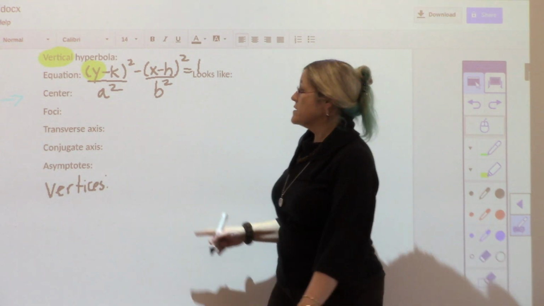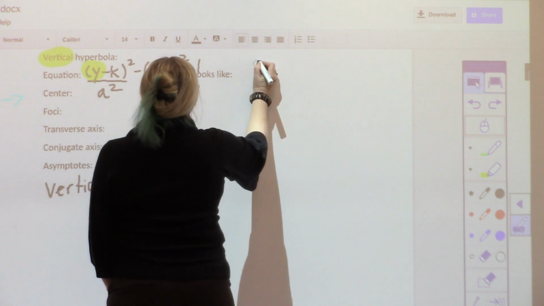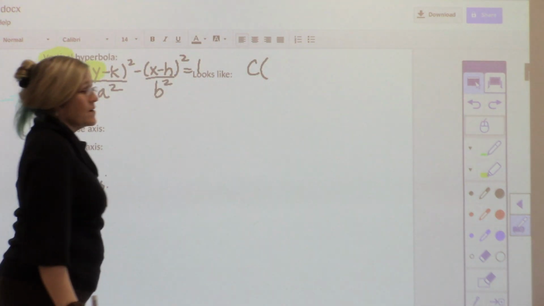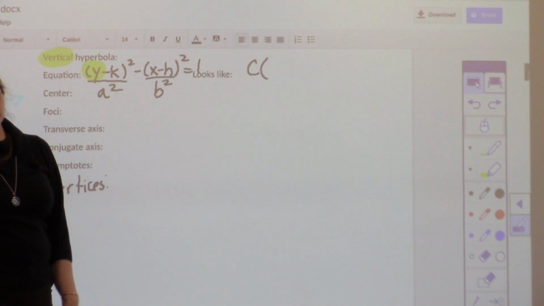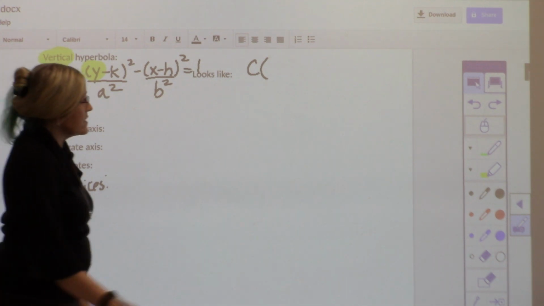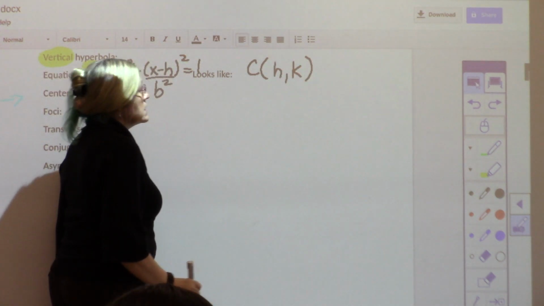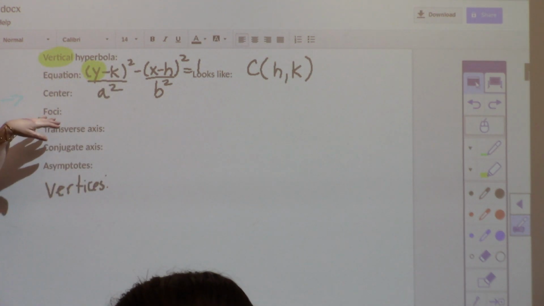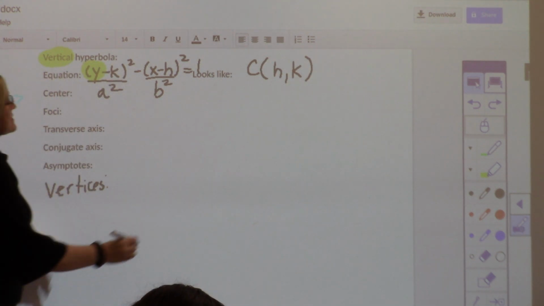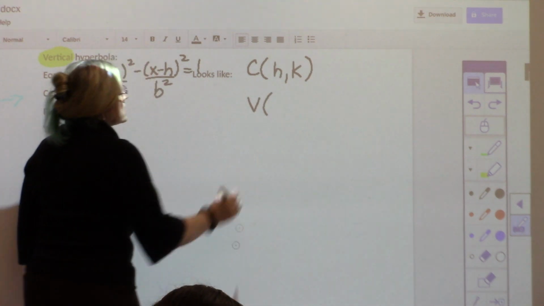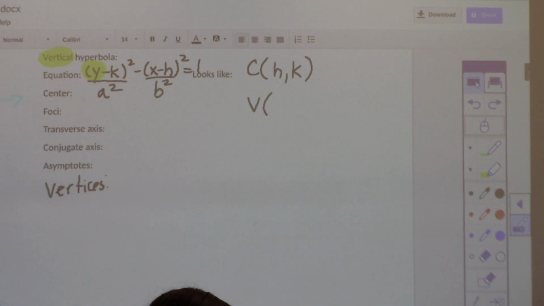All right. So now, let's talk about the center. The center is going to be at, guess what? Take a stab in the dark. Yeah, (h, k). That doesn't change. So now, let's look at the vertices next. From the center to the vertex is what distance here?